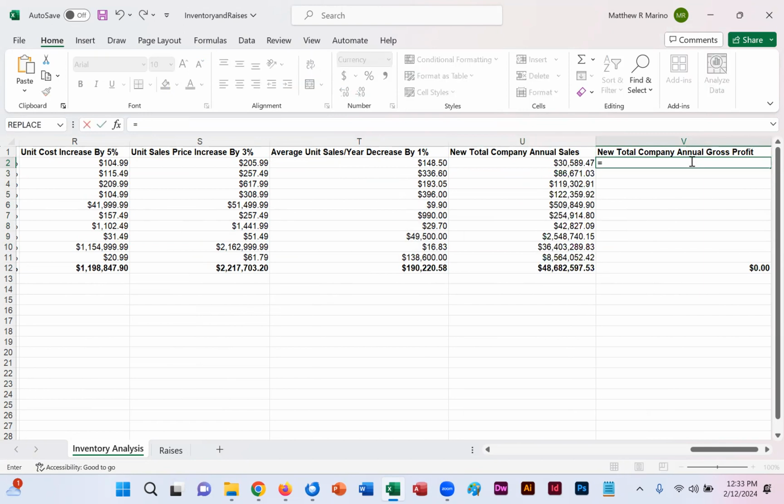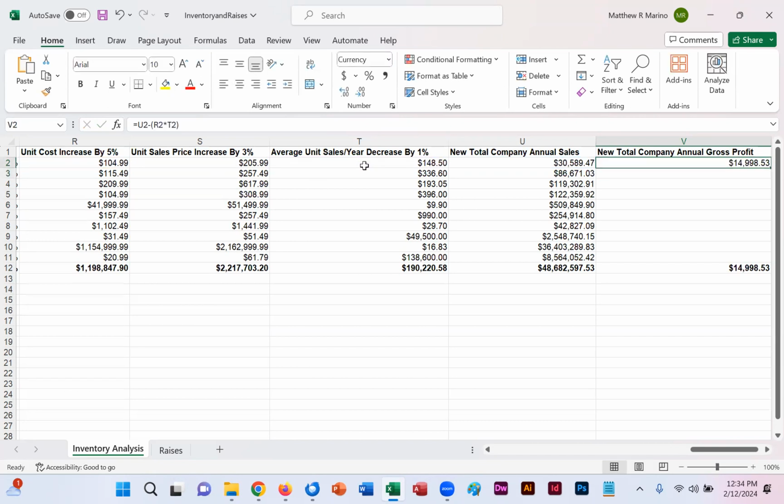Now for the gross profit, we have to take our sales minus our unit cost times our average unit sales per year. So we do equals U2 minus, open parenthesis, unit cost with the increase, our new unit cost, times our average unit sales per year that changed.